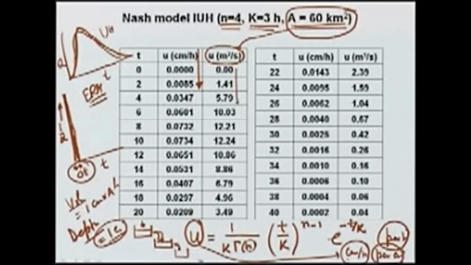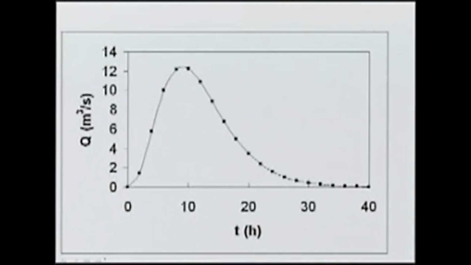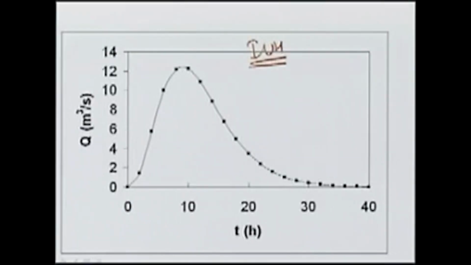These ordinates can be seen here with the peak occurring at about 10 hours of almost 12 meter cube per second, and the plot of the IUH indicates that over a catchment of 60 kilometer square, if a 1 centimeter rain occurs at time t equal to 0 instantaneously, then this would be the resulting hydrograph with a peak of almost 12 meter cube per second.